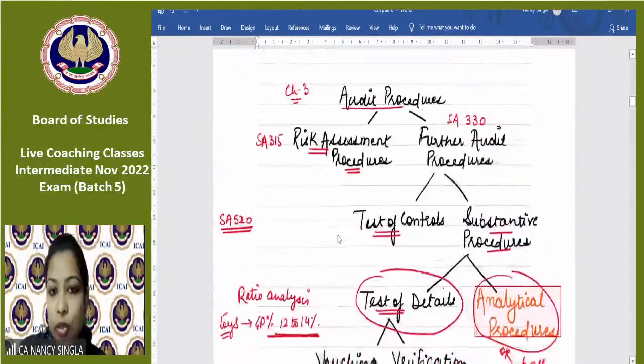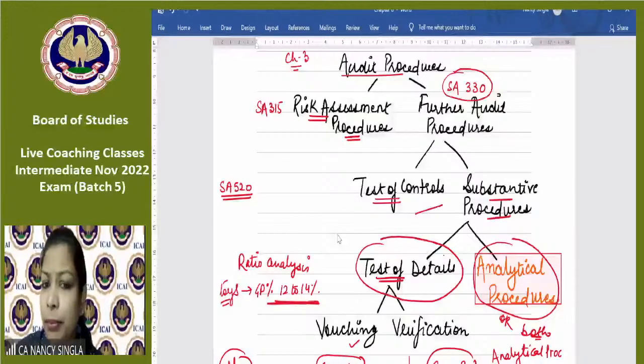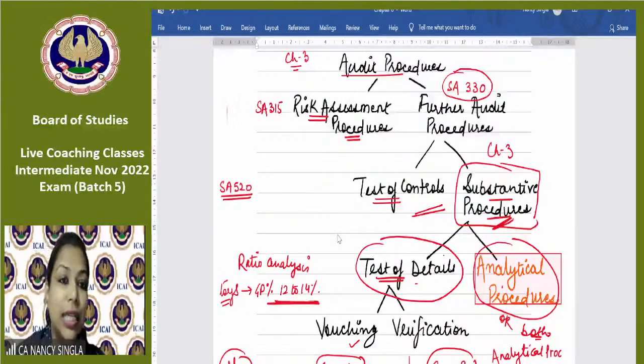Now, you have also understood from where we have obtained that the auditor needs to perform analytical procedures. Basically, SA 330 says that the auditor needs to perform test of controls and substantive procedures. And when the auditor is performing substantive procedures, as you all have done in chapter number 3, he may perform test of details or analytical procedures. Now, how to perform analytical procedure is given where?